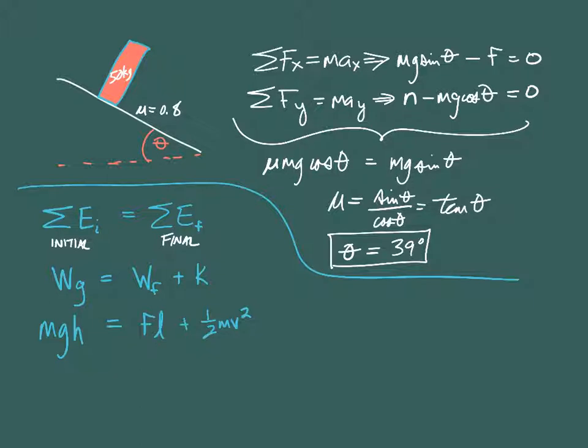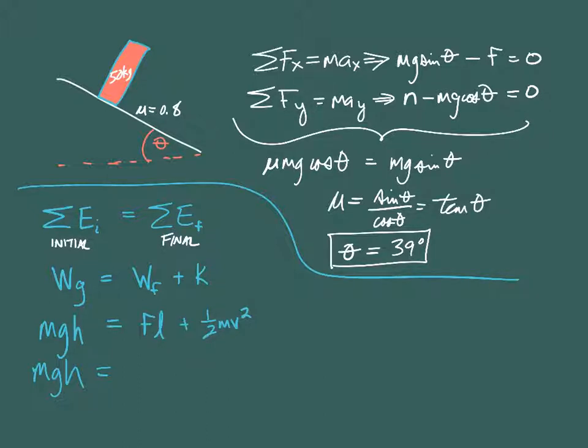So we have this formula. And when you put all the stuff in, friction would be mu times N, but the normal force was mg cosine theta. So we've done this a couple of times.